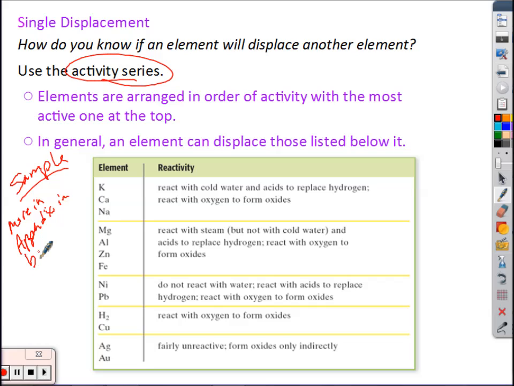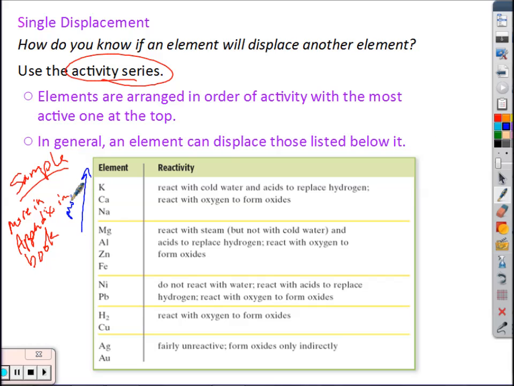in your book. So if you come to a homework problem that asks you for a single displacement and you don't have it in this table, look in the back of the book. It might be there. That's a longer table. But elements are arranged in order of activity. And this activity helps us to predict if the reaction is going to happen.